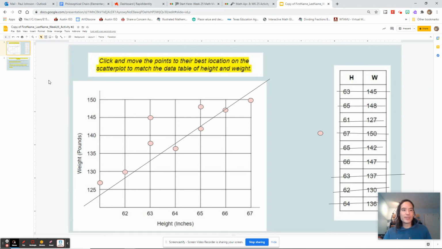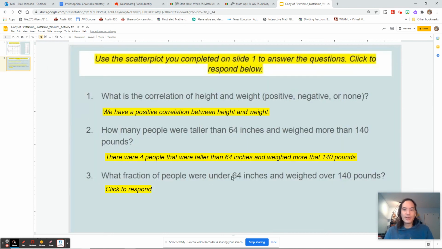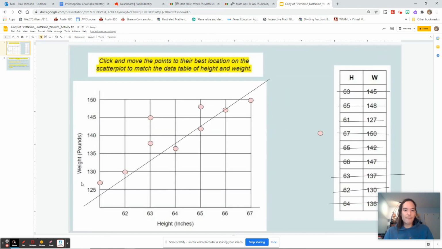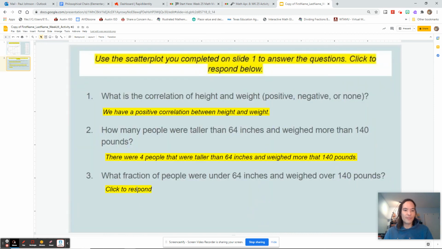And so they want to know out of the people that are under 64 inches, what fraction weighed over 140 pounds. So there are four that are under 64 inches, and there is one that weighs over 140 pounds. So one out of four. One out of the four people that are less than 64 inches tall weighed over 140 pounds.